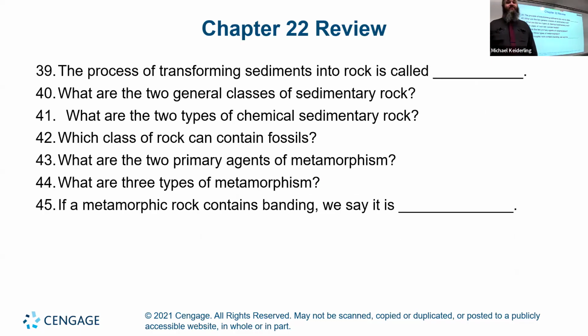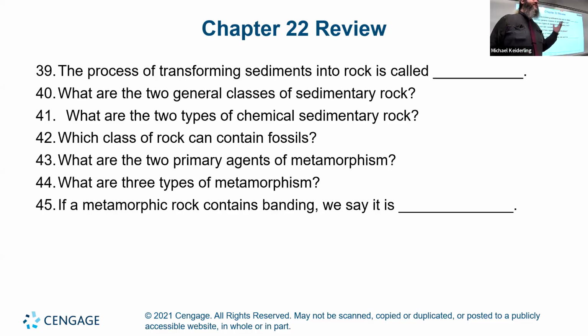The process of transforming sediments into rock is called lithification. The two general classes of sedimentary rock are clastic and chemical. Clastic is made from debris. Chemical is made from dissolved minerals. The two types of chemical sedimentary rock are inorganic and organic.